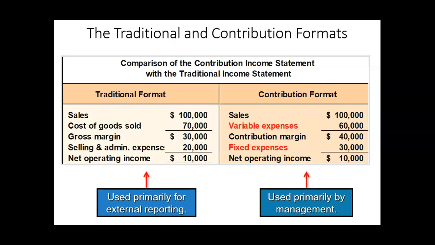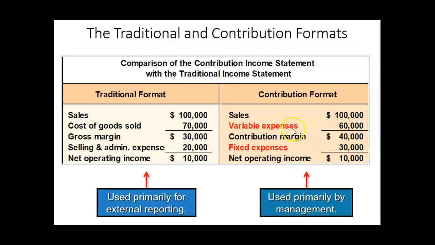Now, internally, we have the same information, but it's shown in a slightly different format. When it comes to our costs, they're broken down by cost behavior, meaning are the costs fixed or the costs variable? So notice the situation, our total cost, like before, total $90,000. It still shows $90,000, but from an internal standpoint, we're more concerned about cost behavior.